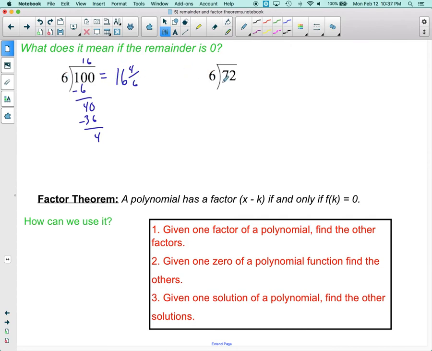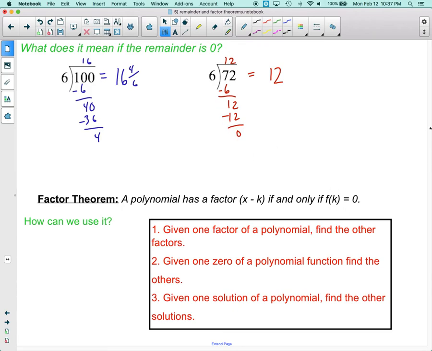Well, what if we look at something like 72 divided by 6? Of course, 6 goes into 7 once, which is 6, subtract, and say 1, bring down the 2, get 12, and then 6 goes into 12 twice, which is 12, and 0. So this one has no remainder. What does that mean? What's special about this problem having no remainder?